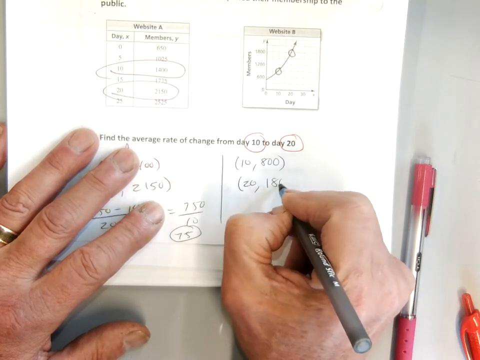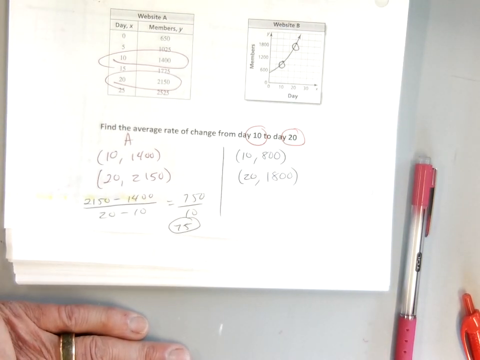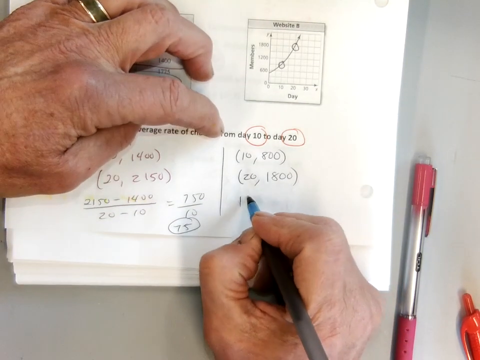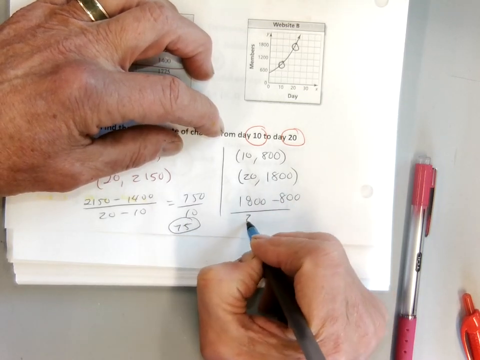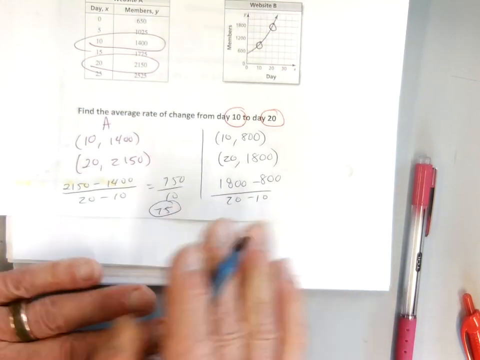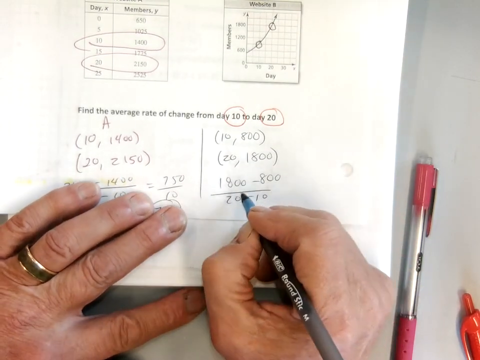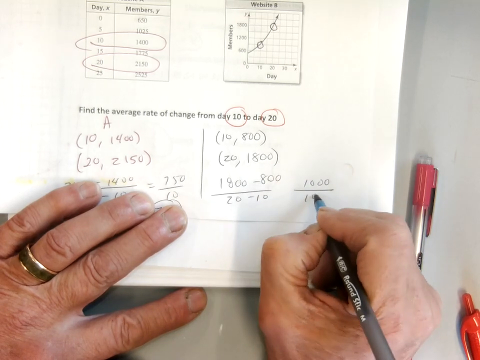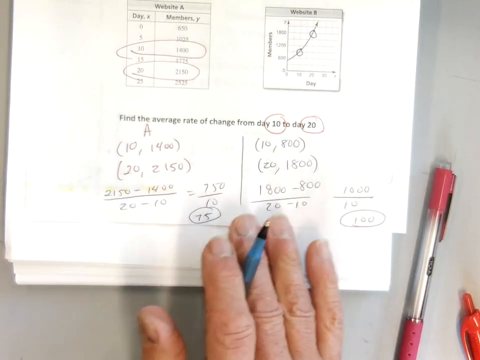Okay, so average rate of change, I'm going to go 1800 minus 800 over 20 minus 10. That is going to be 1000 over 10, which is 100. So which one's growing faster?